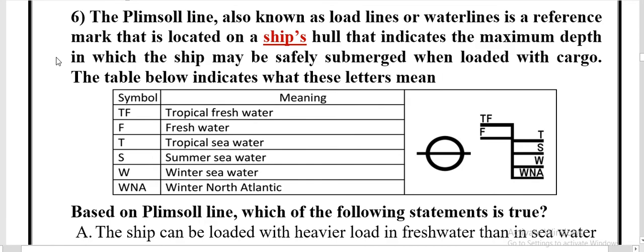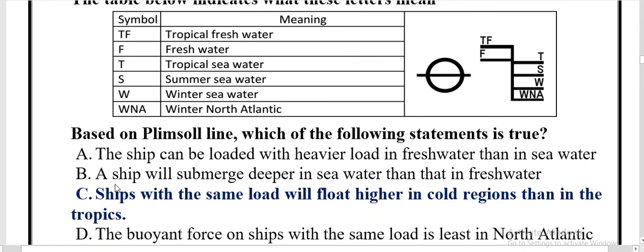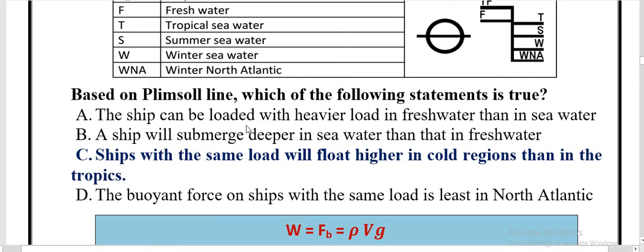Question number 6. The Plimsoll line, as shown in this figure, determines the depth for four different densities of water, as illustrated in this table. Based on the Plimsoll line, which of the following statements is true? Let's see. The ship can be loaded with a heavier load in fresh water than in seawater.